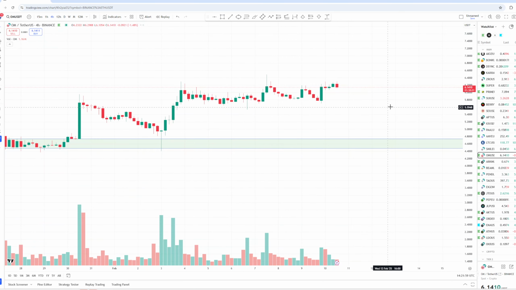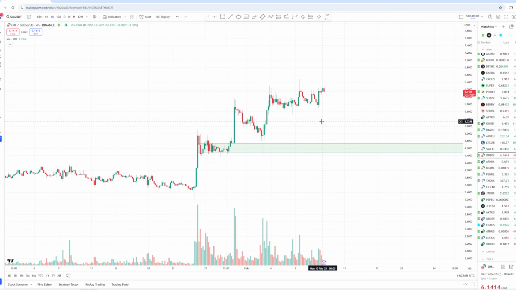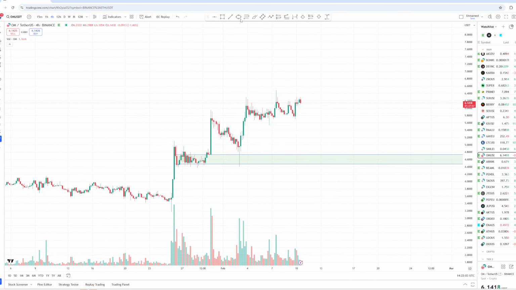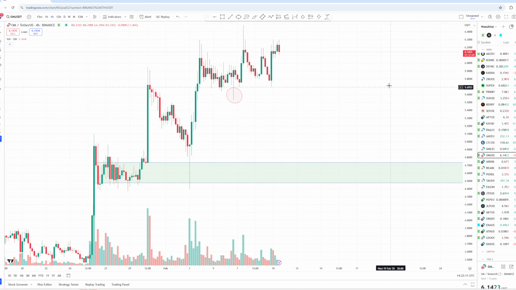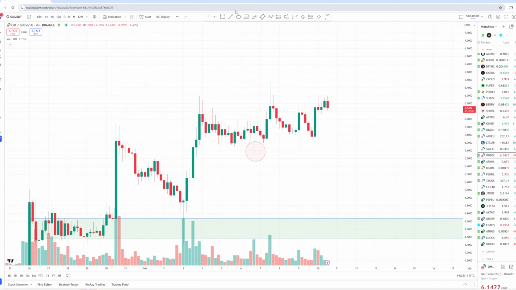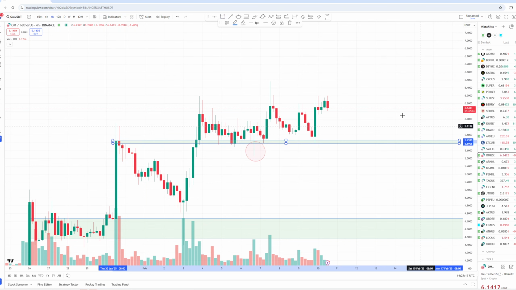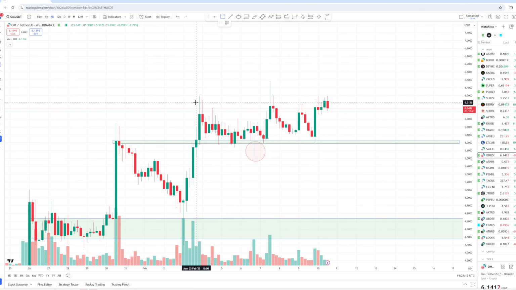On the other hand, I can also jump into the lower time frame. This might never give us the pullback that we want. So on the lower time frame, if you see wicks like this one, this could also be considered a cluster right here. We have this area of consolidation, and we're starting to show signs of strength.